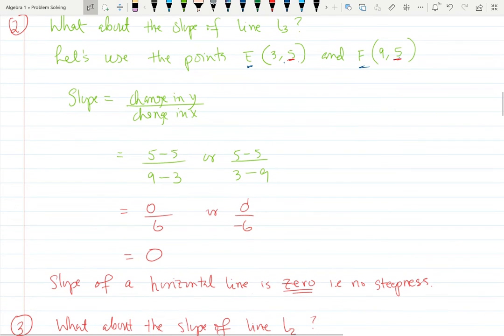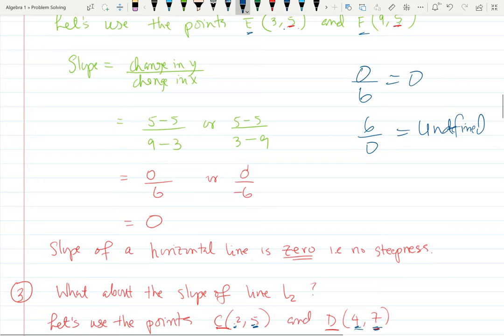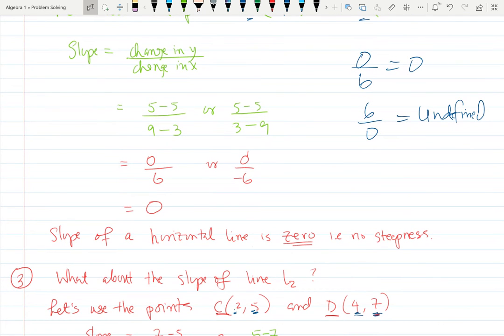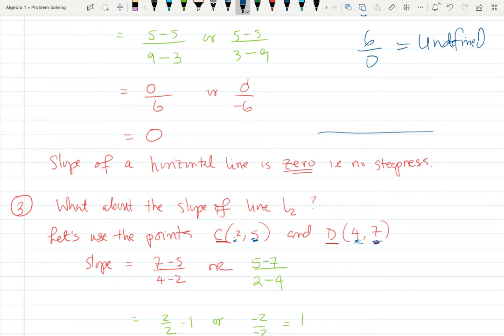When you do, you have 0 over 6, which is 0. Flipped, 6 over 0 is undefined, infinitely large. So 0 means the line doesn't have any slope. It is flat. A horizontal line is flat.